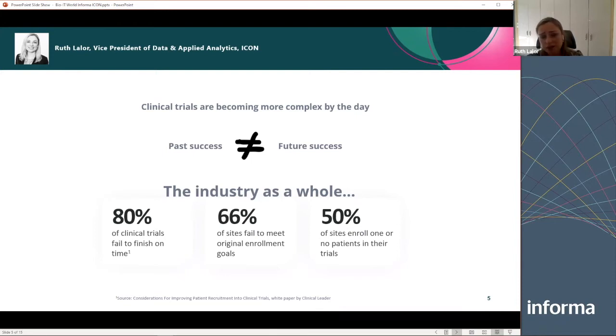And finally, the last figure on the screen here is one that I think, not that it's a scary figure, but it's a very concerning figure. 50% of sites enroll one or no patients in their trials. That is a huge cost to what we do as an industry, and that is an area of key focus for both ICON and Informa in this partnership.